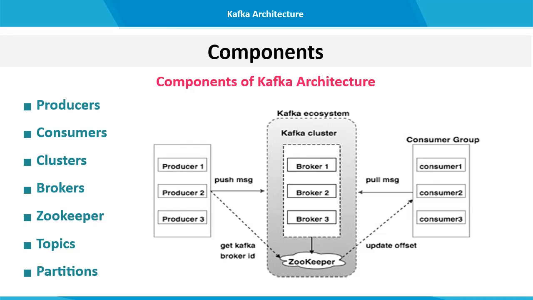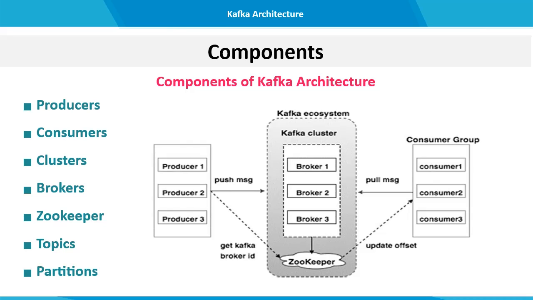Clusters, to maintain load balance, Kafka clusters consist of multiple brokers. Brokers, each server node in the cluster is a broker. It stores data provided by the producer until it is read by the consumer.